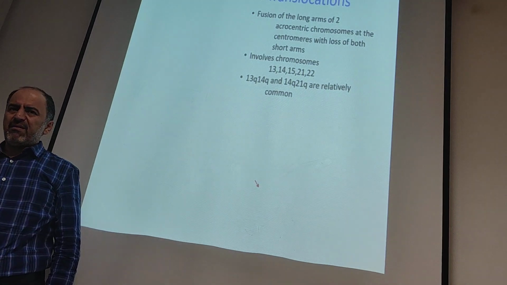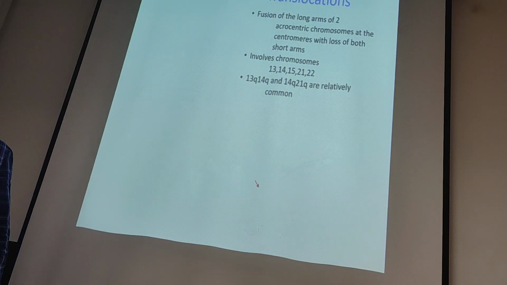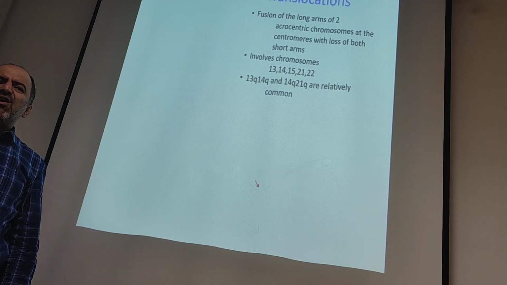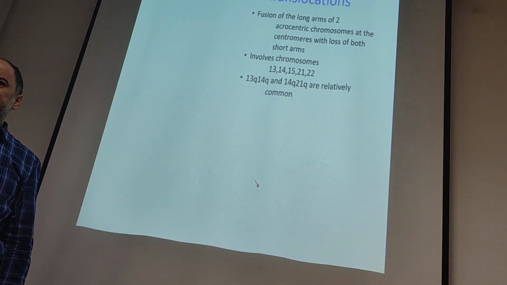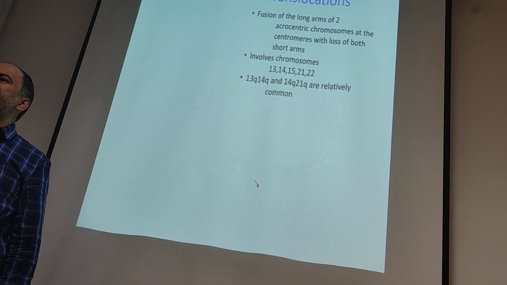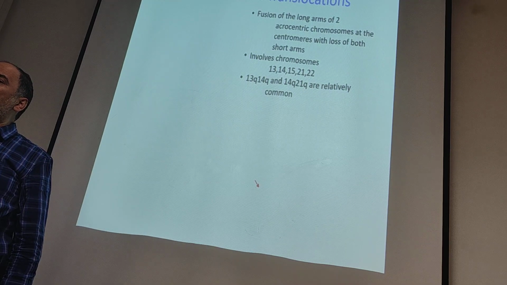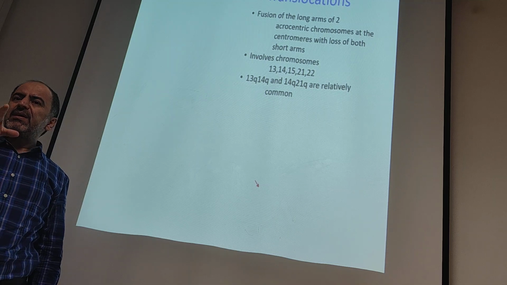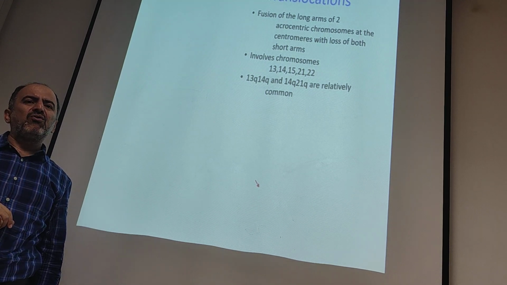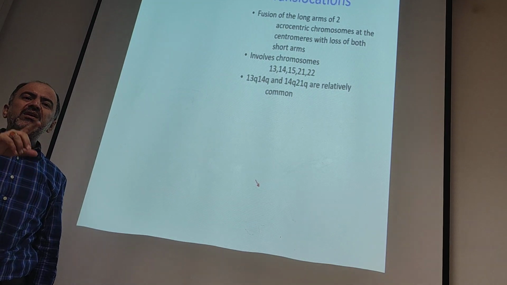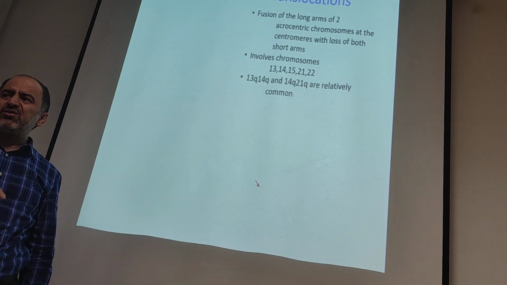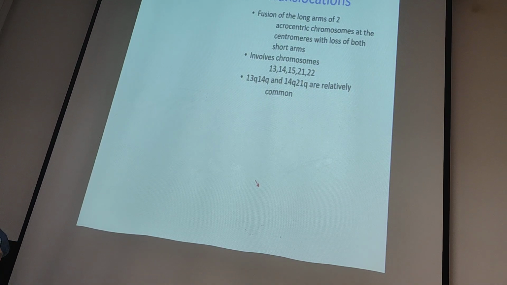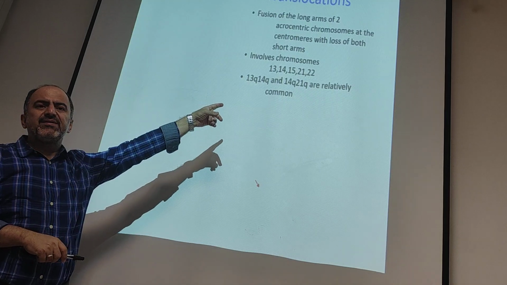So remember, if in a family a mother says, I had 2 Down syndrome patients, or maybe she says, I had 1 Down syndrome patient, my mother had another one, they are at risk of being balanced translocation carriers, Robertsonian, and something like that.